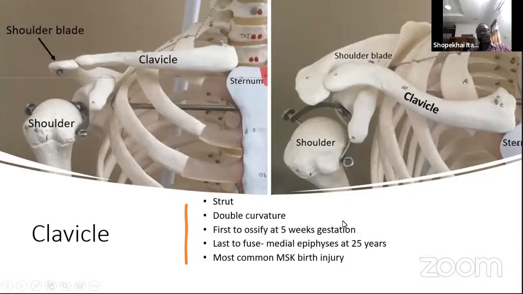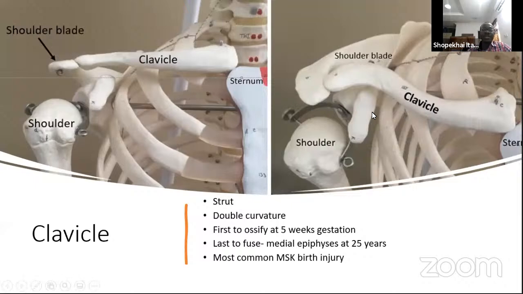I'll talk about the clavicle. The clavicle acts as a strut that connects the axial skeleton here in the middle with the appendicular skeleton, and so it connects the scapula to the sternum. It has a double curvature. It's the first bone to ossify, at 5 weeks of gestation, and the last to fuse, where the medial epiphysis fuses at 25 years.